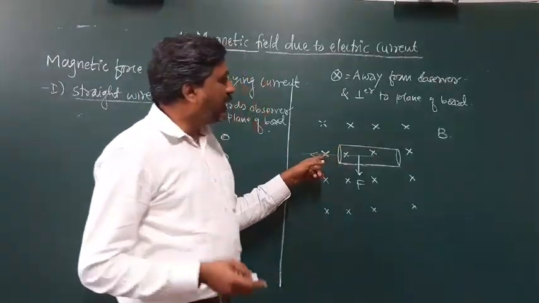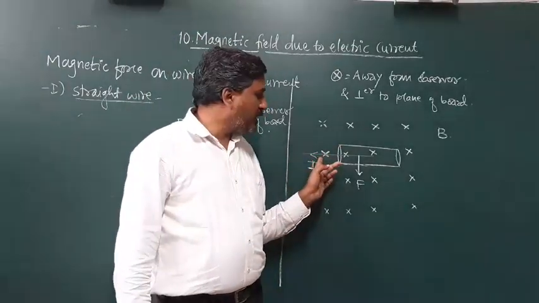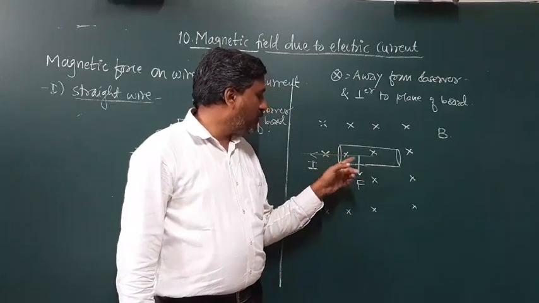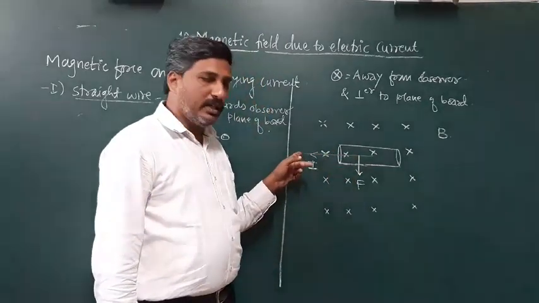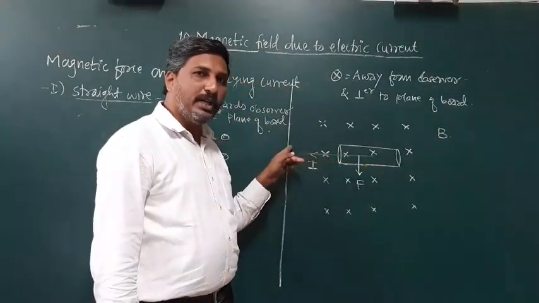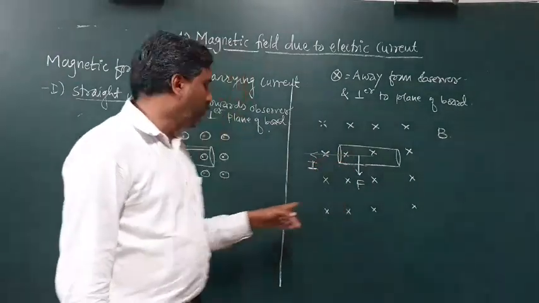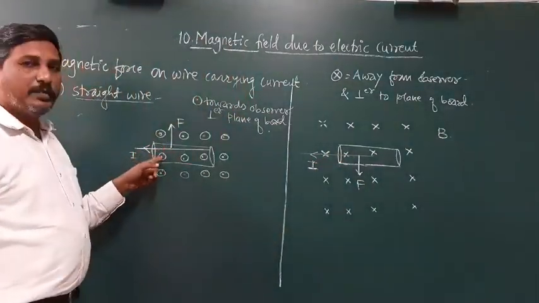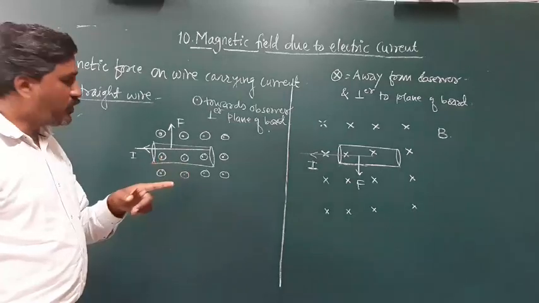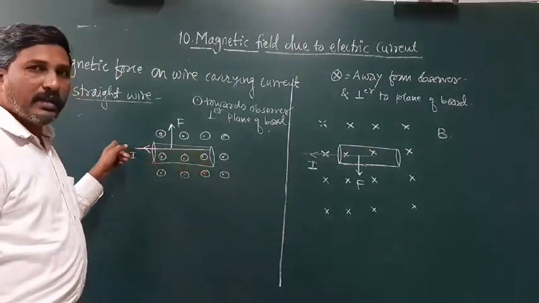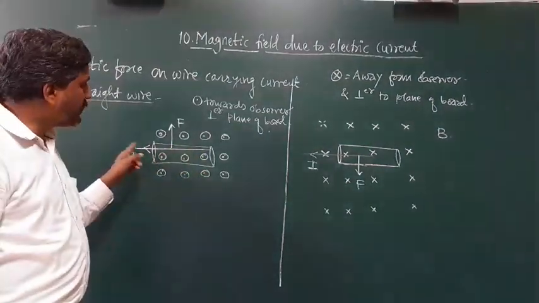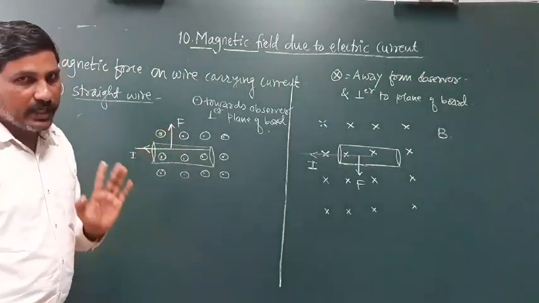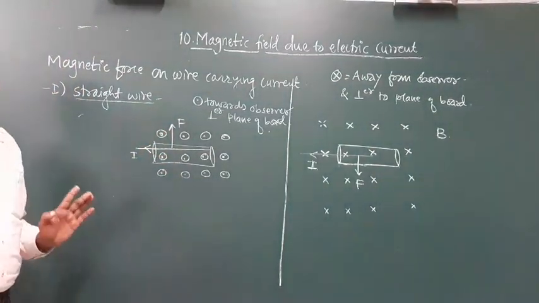If the magnetic field is away from the observer, perpendicular to the board, and the current is moving along the negative direction of the x-axis, then force is downward. If the magnetic field is perpendicular to the board and towards the observer, and current is moving along the negative direction of the x-axis, then force is in the upward direction. Both things are very clear to you.